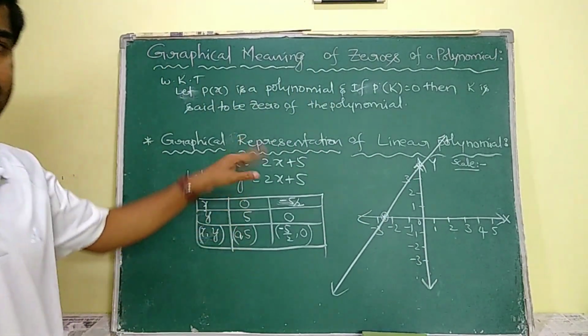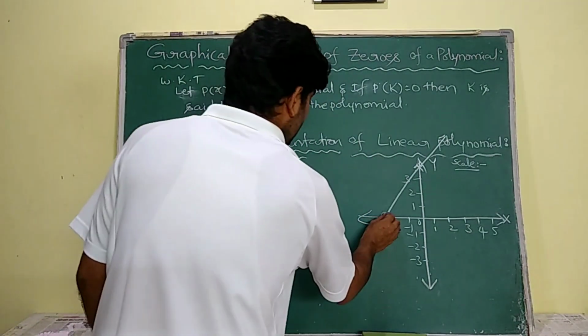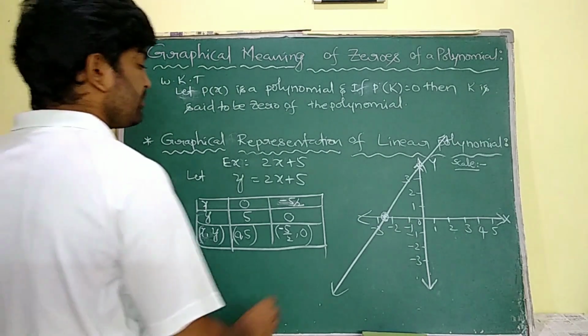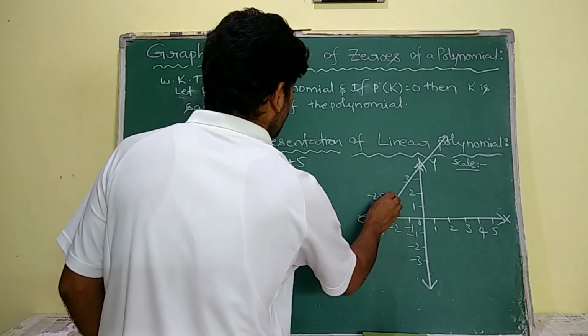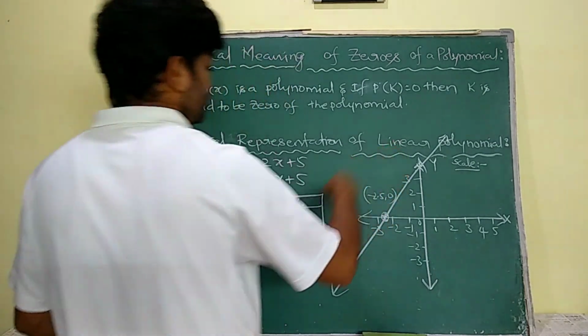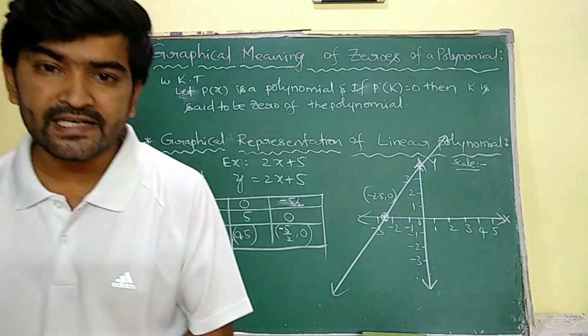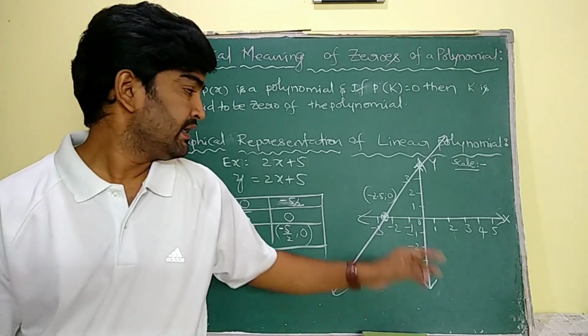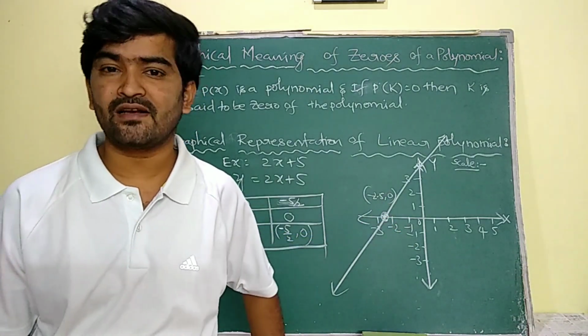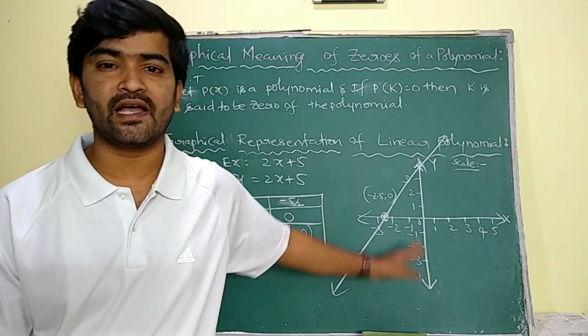See, this graph touches the x-axis at (-2.5, 0). So this -2.5 is known as the 0 of the polynomial. Why? Because we already discussed that we have to see whether the graph touches the x-axis or not. Yes, it touches the x-axis.